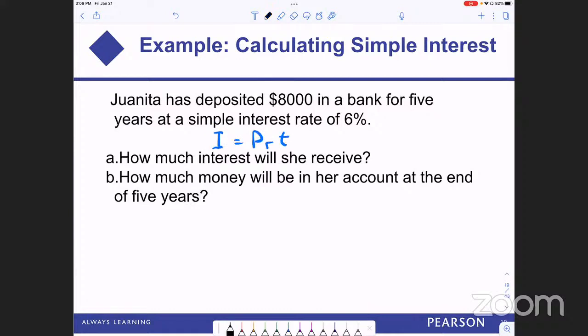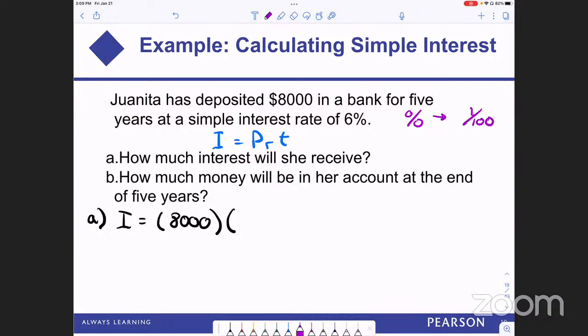So then for part A, how much interest will she earn, right? So the interest is going to be P, which is a principal. In this case, it's going to be the 8,000. The rate is 6%. We have to write that as a decimal. So when converting from percents to decimal, the percent symbol, you can kind of look at it like it means per 100, right?